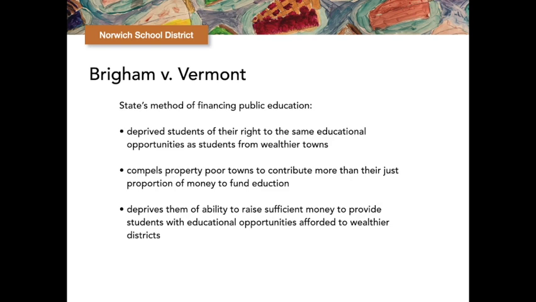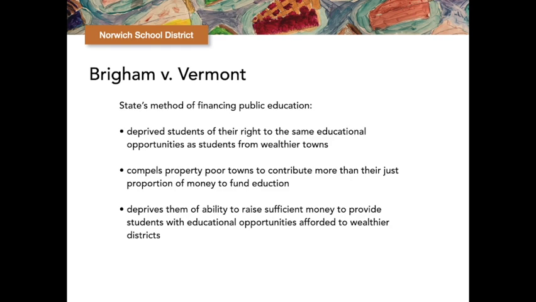In addition, several owners from property-poor towns claimed that the current school financing scheme compels them to contribute more than their just proportion of money to fund education, in violation of the Vermont and U.S. constitutions.